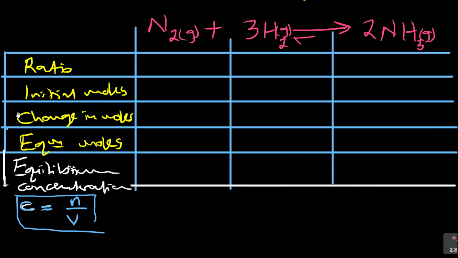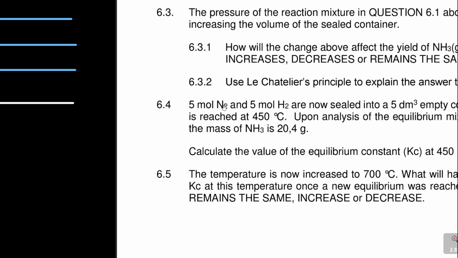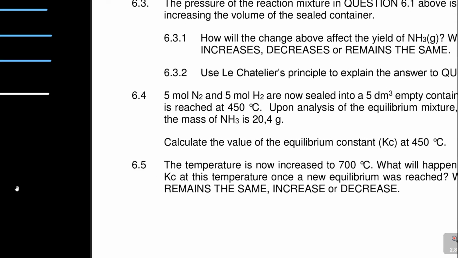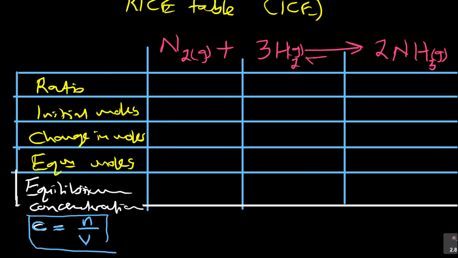Now let's look at this information. What are they saying? They are saying 5 moles of N2 and 5 moles of H2 are now sealed. This is the initial, at the beginning. And now means initially. So 5 moles and 5 moles. So you come here to say the initial moles.